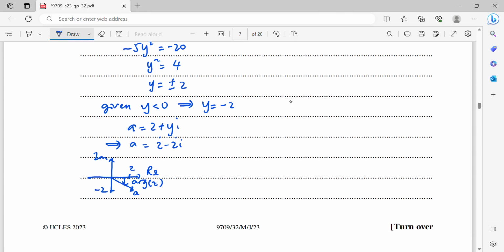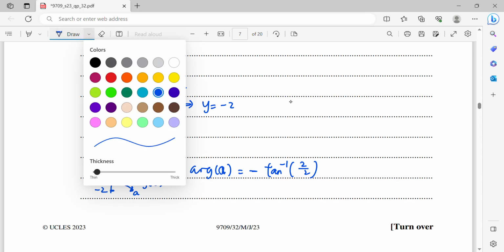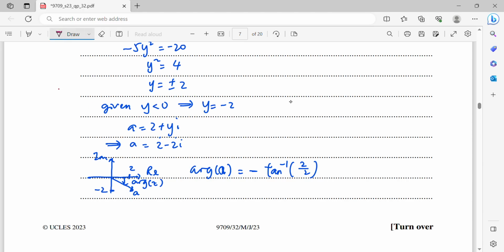Now, argument A is going to be negative of inverse tangent 2 over 2, because the argument is basically the angle. So it means that here is 2 units. Here is another 2 units. So you will be getting this formula. Then I will get negative pi over 4. So that's the argument A.